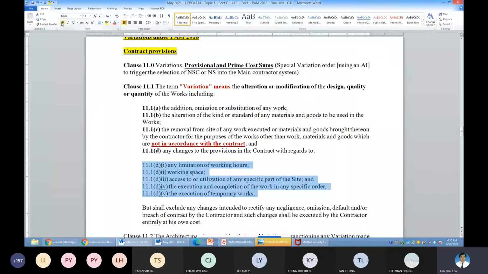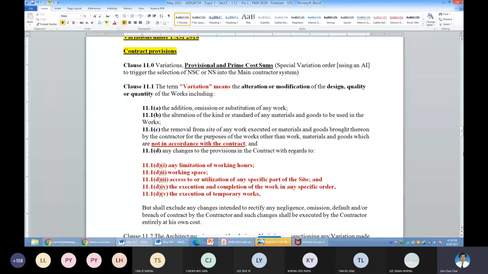So basically, 11.1A, 11.1B will definitely have positive, negative. 11.1C is just an instruction for the contractor to comply. 11.1D, basing on D1, D2, D3, D4, D5, more often than not, will trigger additional payment and time even to the contractor.